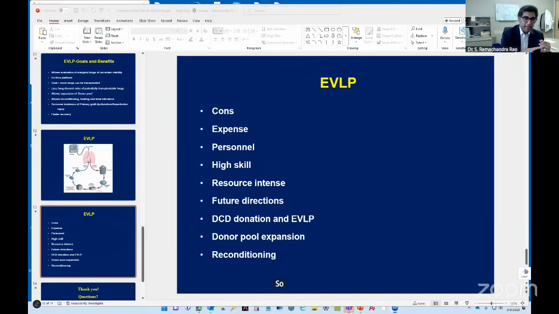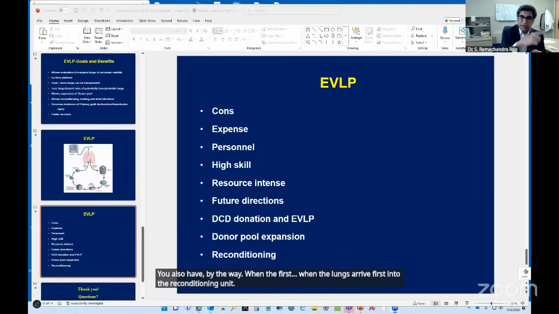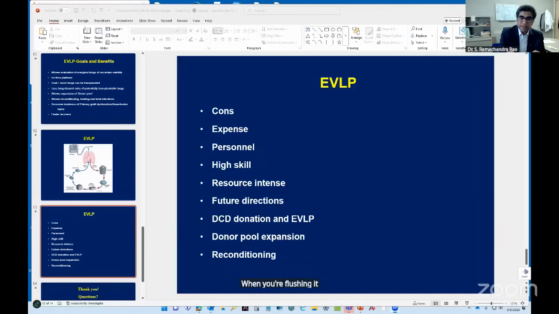So you not only have airway secretions culture, you also have, when the lungs first arrive into the reconditioning unit and you're flushing it with Steen solution, the effluent is not wasted or run off. It is procured and sent for cultures, number one.